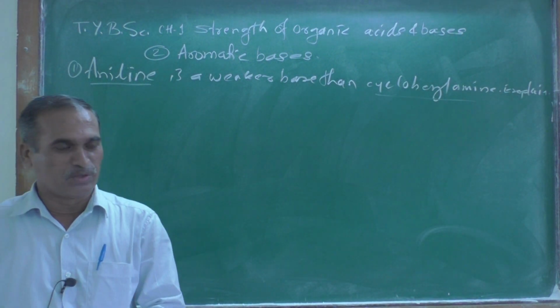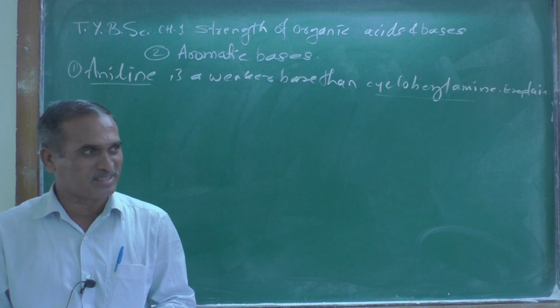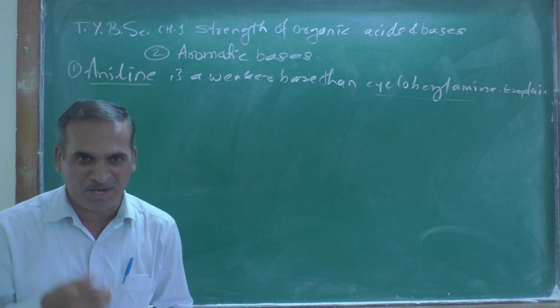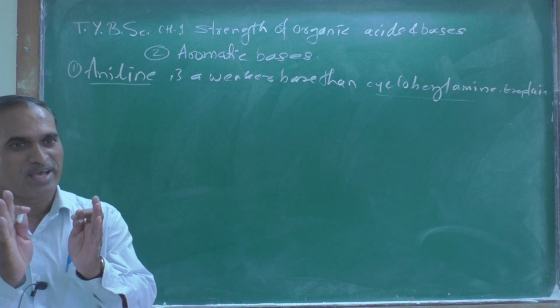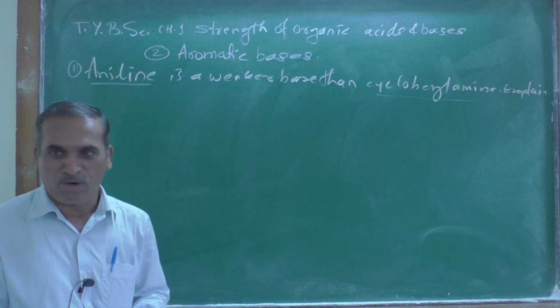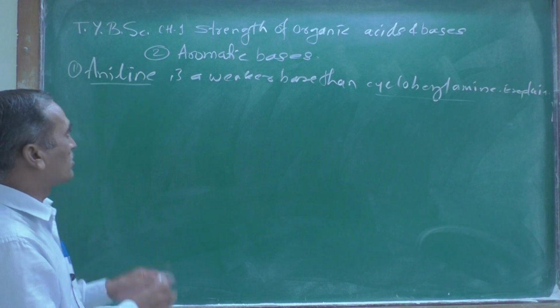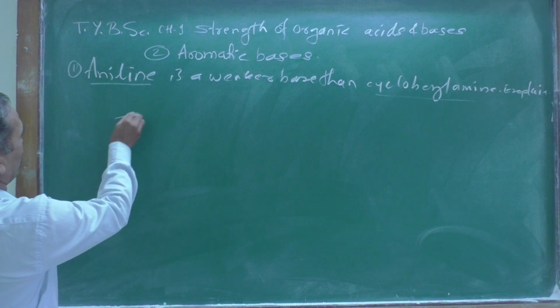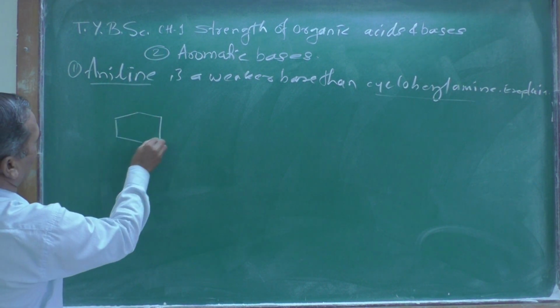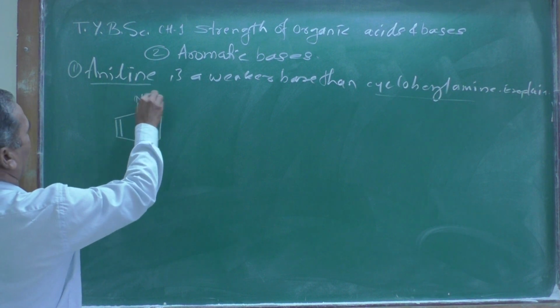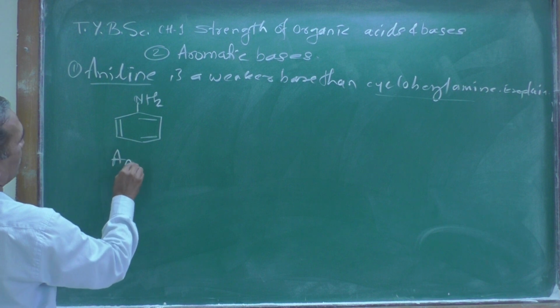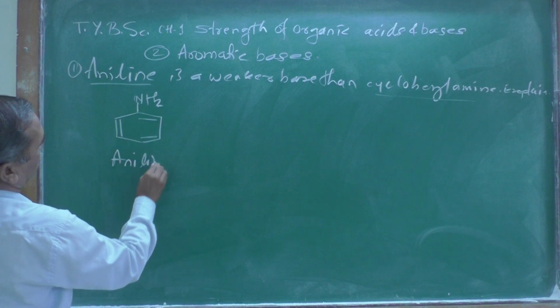Most of you, maybe 90 or 95% of students, know the structure of aniline. In an aromatic compound, one of the hydrogen atoms gets replaced by an amine group, that is called aniline. So this is the structure of aniline, which is aromatic in nature.